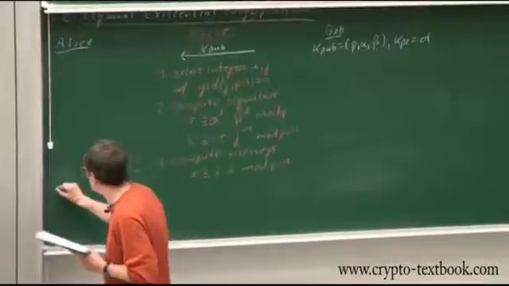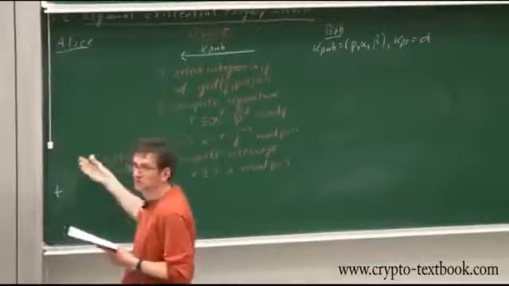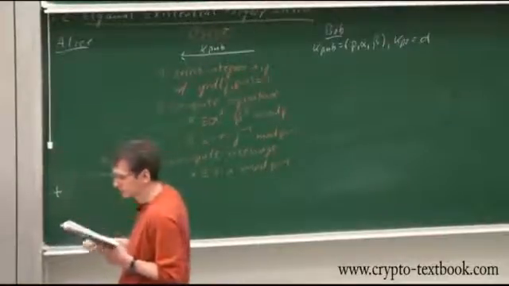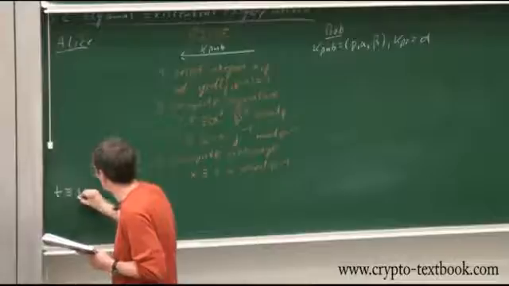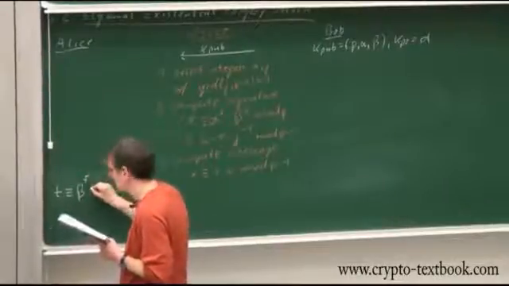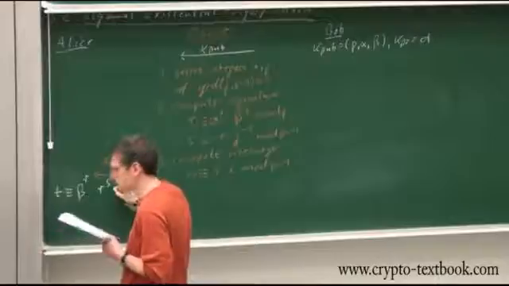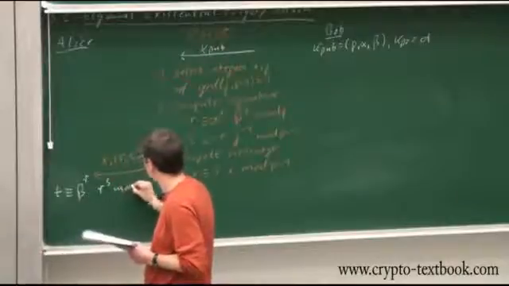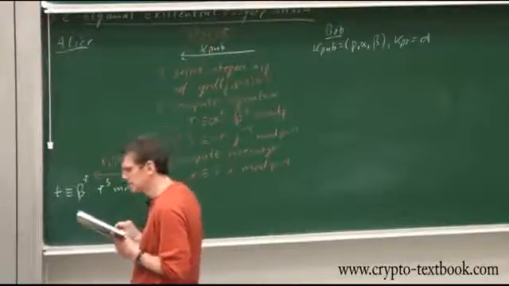So what Alice does, Alice gets the parameters, she wants to verify, she's following the rules. So she computes beta to the r times r to the s mod p.